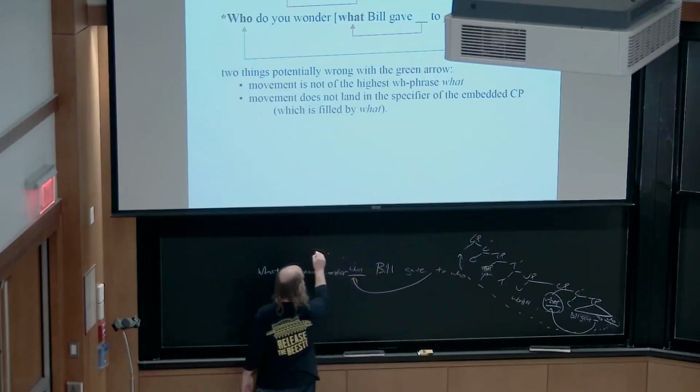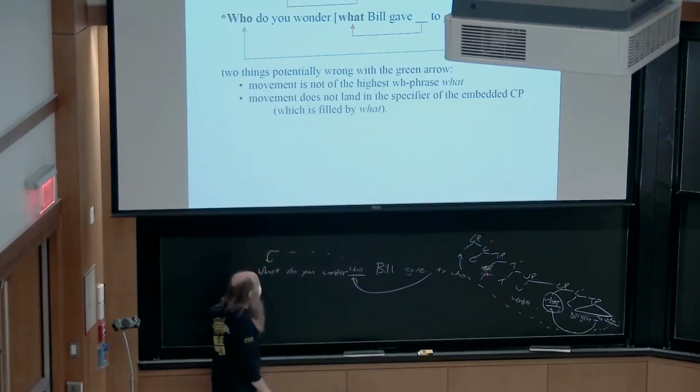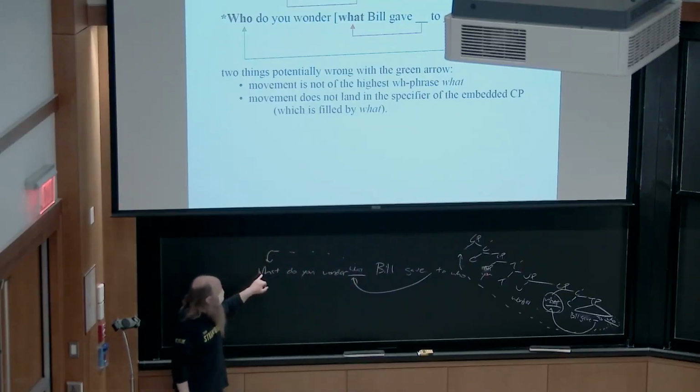What you should really have done is move what. I don't know about you guys, but for me, what do you wonder Bill gave to who? I can't say. So this is another one of these sort of Greek tragedy things. Shortest move really wants this to be the thing that moves.